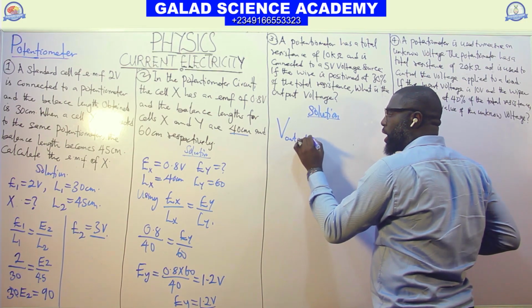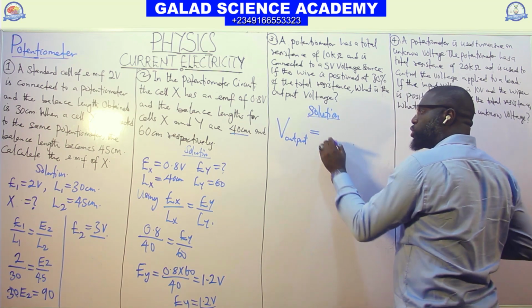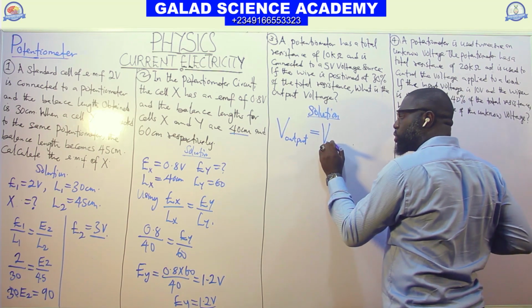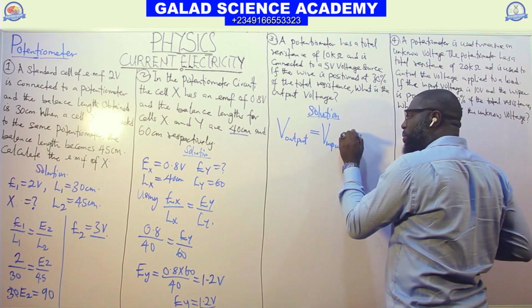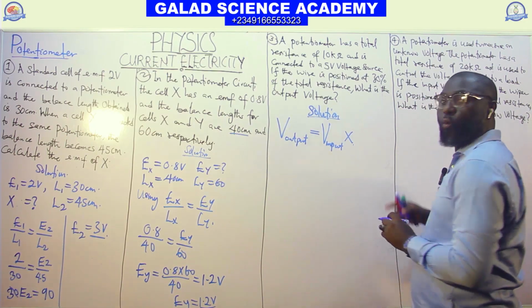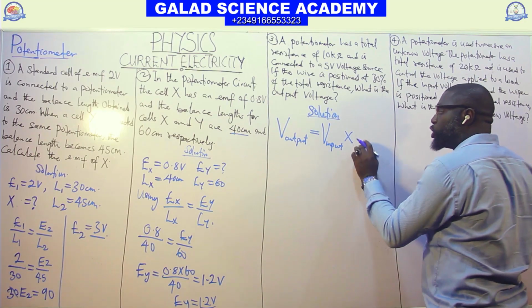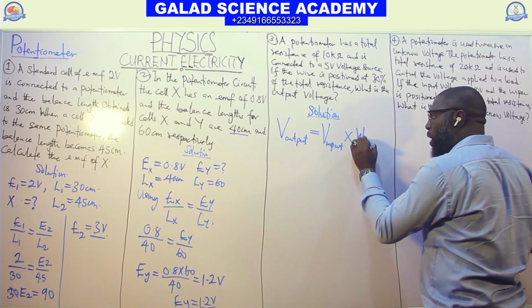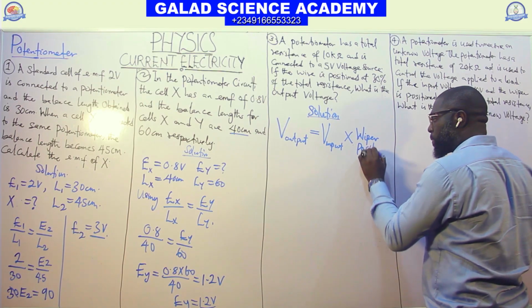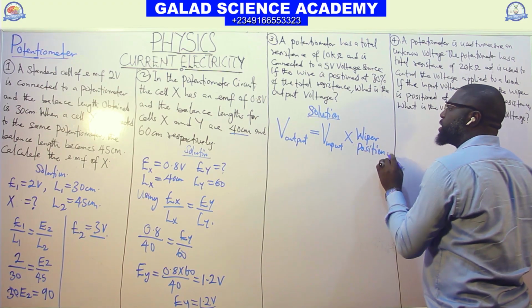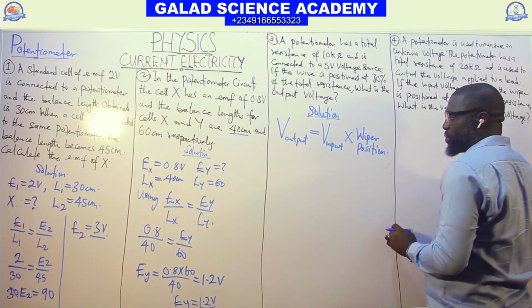Output will be equal to the voltage input, the total voltage, multiplied by the wiper position, which is the jockey. Please, if you get this kind of question, apply this formula.